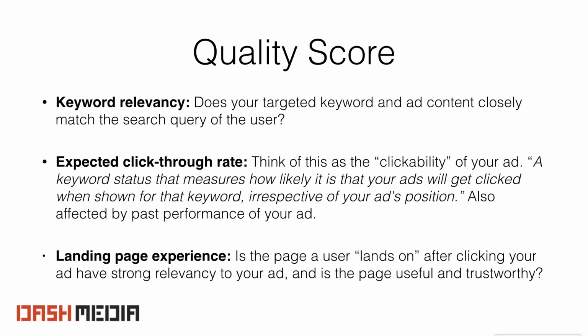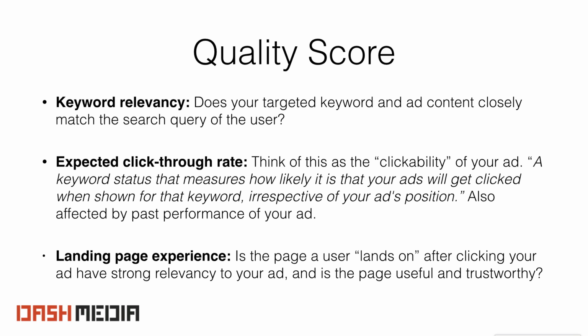And what it comes down to is, how clickable is your ad? Its clickability is what they're looking for here. But it also does have an element of past performance of your ad, which of course can be used by Google to determine the clickability of your ad.